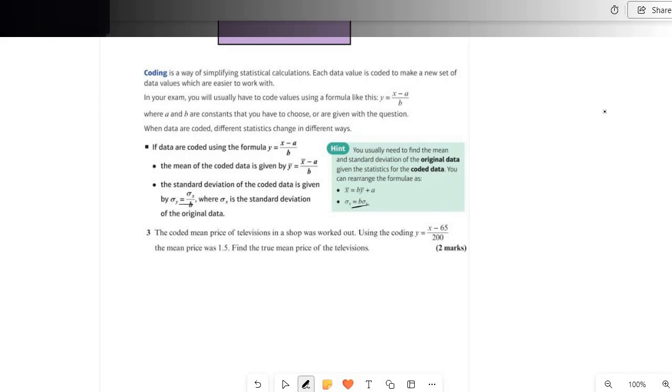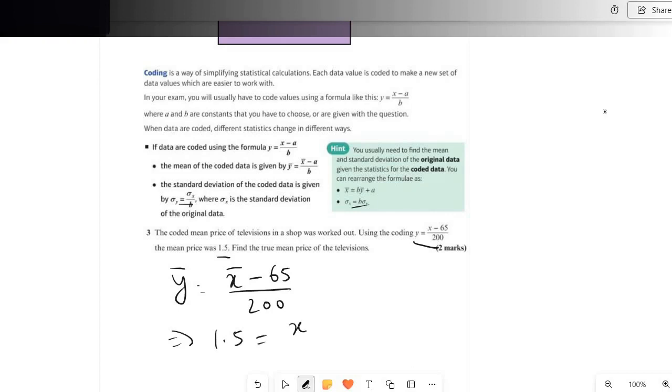So it's given that the mean of y was 1.5 because of this coding. So we can say that mean of y is equal to (mean of x minus 65) divided by 200. Therefore, mean of y was 1.5.